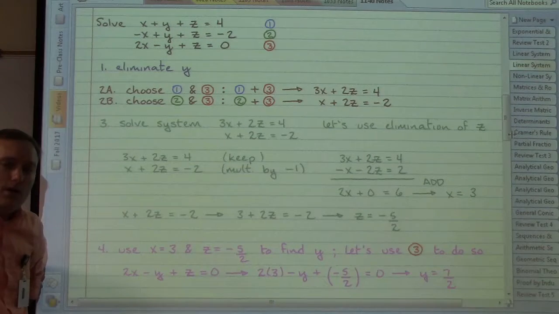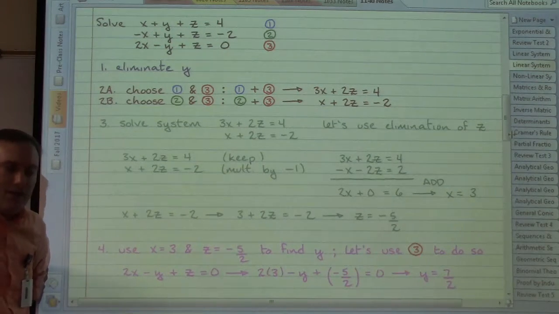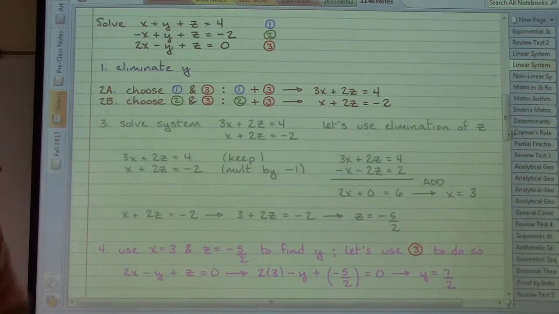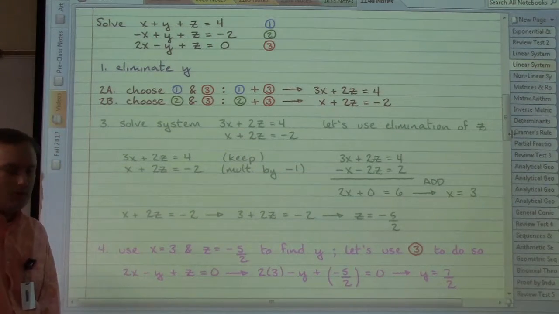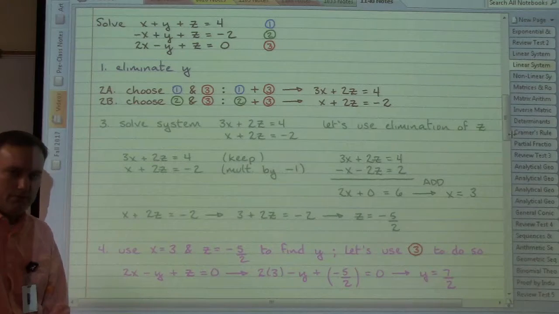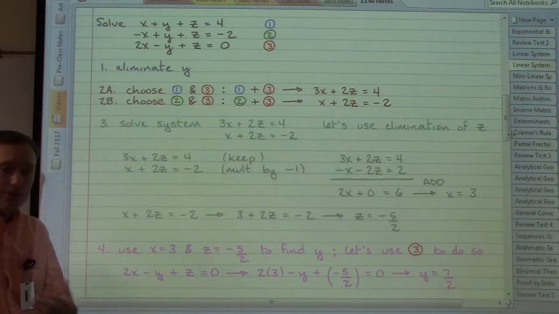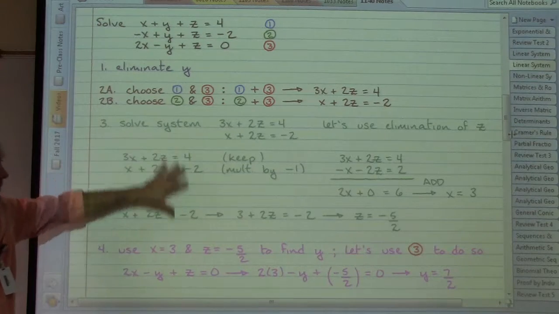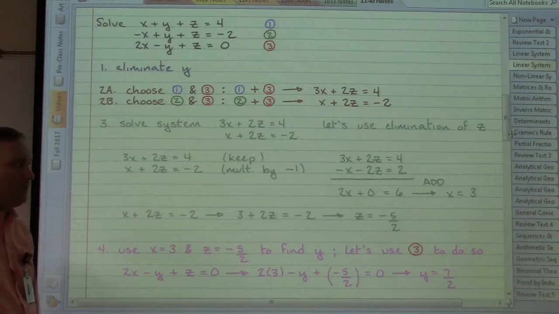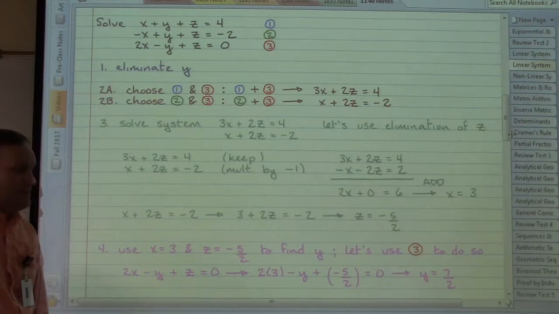Now again, you are welcome to have picked that you would eliminate x in step 1. That will change your steps, but it will not change your end result. You could have chosen to eliminate z. That will not change your end result, but it would change the steps that you're performing. They would look certainly very different from the ones that you see coming up here in steps 3 and 4.